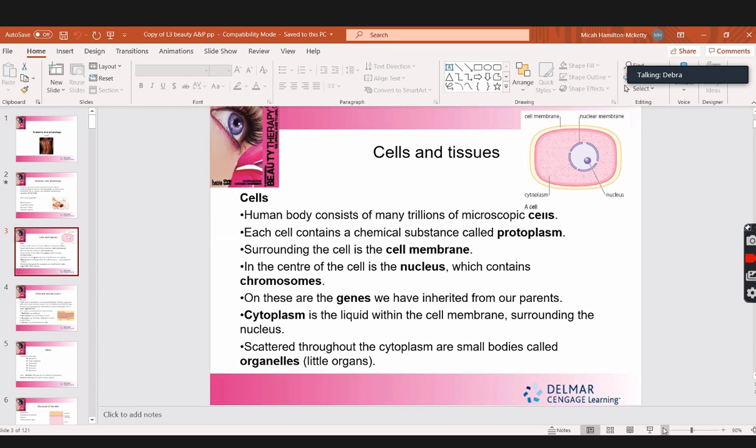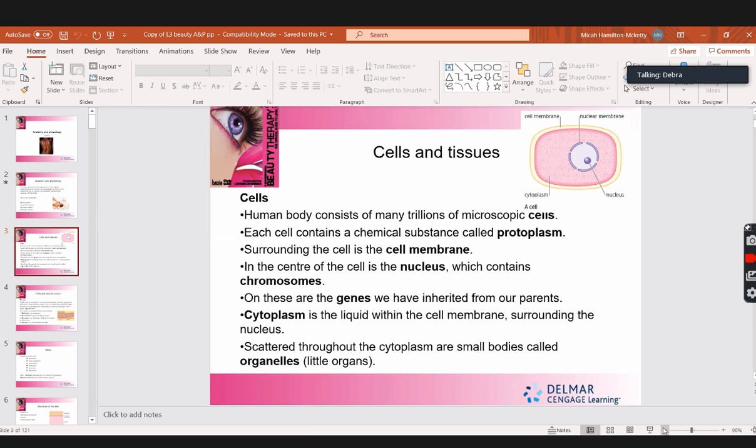So if that was our computer, that's our mainframe. Okay, so that's the mainframe of all the cells and tissues within the body. This is the only area of the cell that can actually reproduce. And this is done through a system called mitosis. Mitosis, when we've done biology, yes, reproduction of the cell.